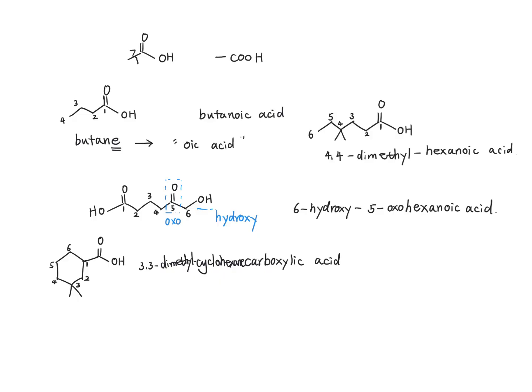The next topic is some common names. For example, the first one is this molecule right here. On one side we have the hydrogen, and on the other side is our carboxylic acid group. This part has a common name called form, so this is formic acid.